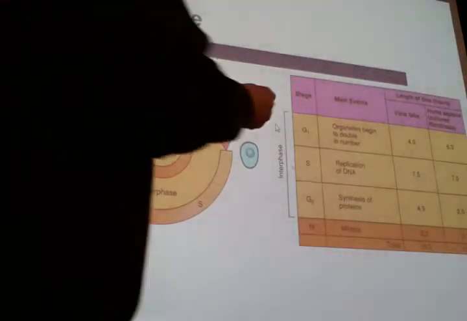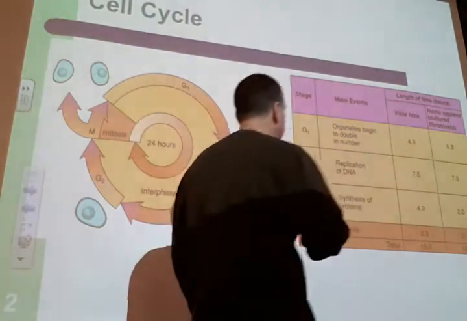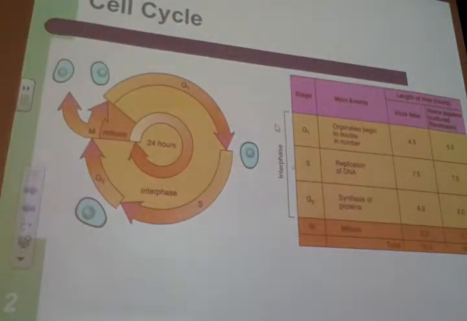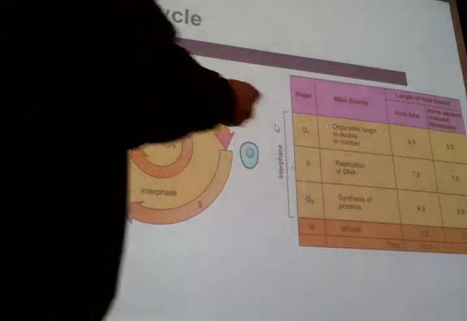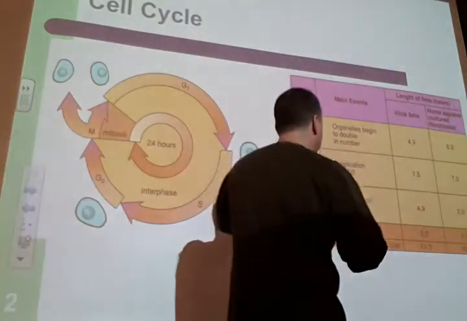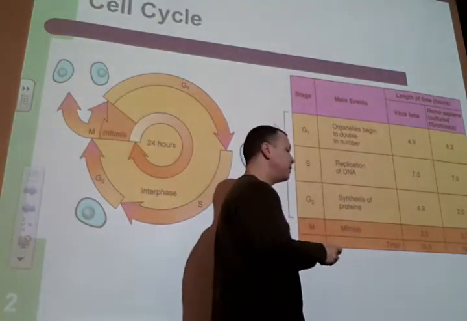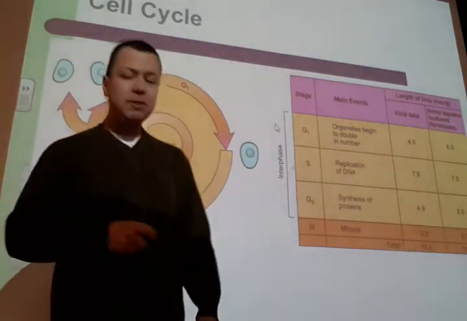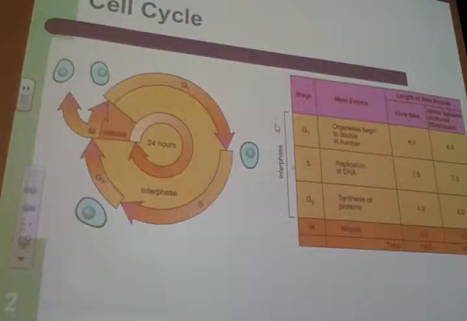So most of interphase, but especially G1, is very dependent on making sure there's enough food available and things like that, so that the cell can grow and copy its organelles. And we'll talk about how the cell monitors things and makes sure everything's going smoothly.